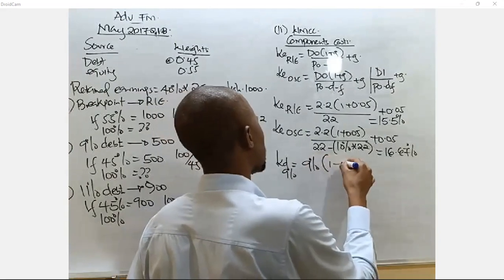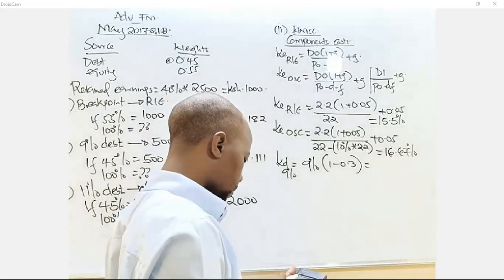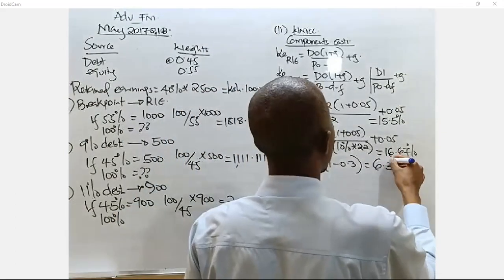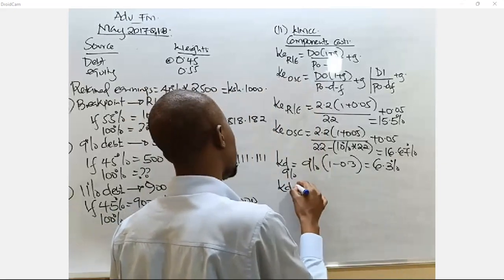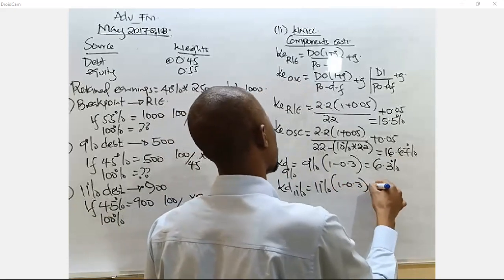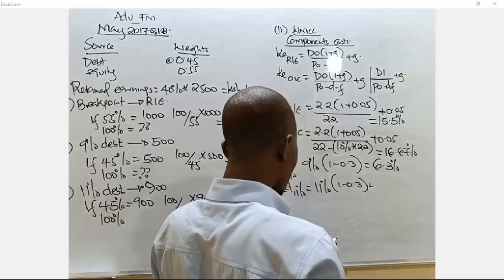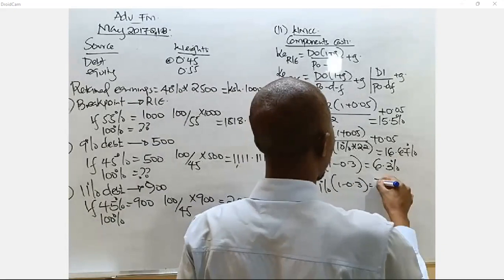You adjust for taxes, so this will be 9 times 0.7, getting 6.3%. The other one will be KD of 11%. Then you adjust for taxes: 11 times 0.7. We should be getting 7.7%.